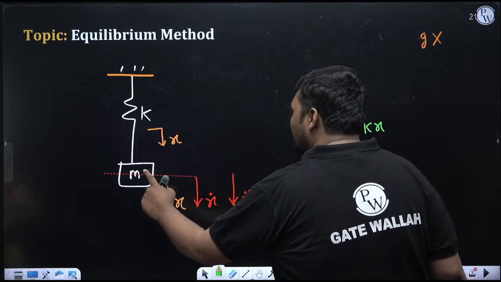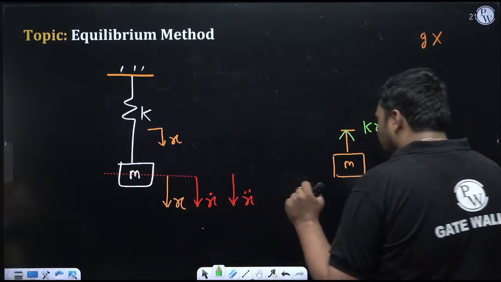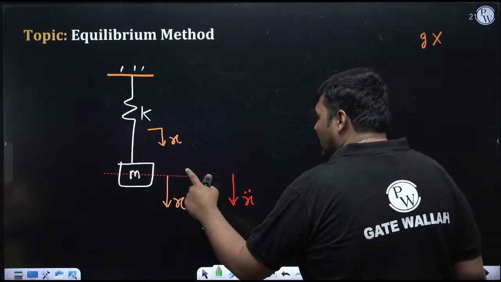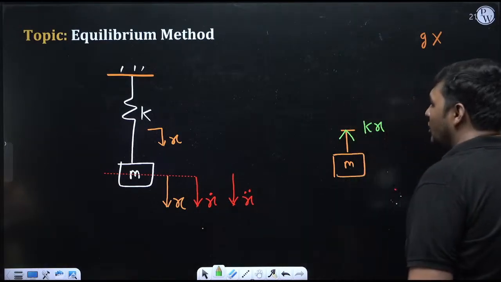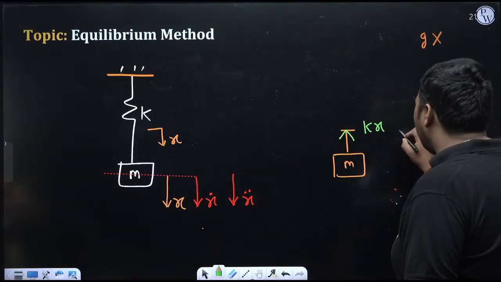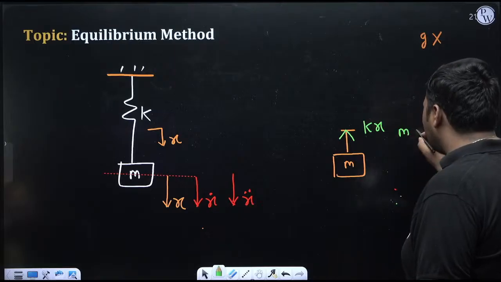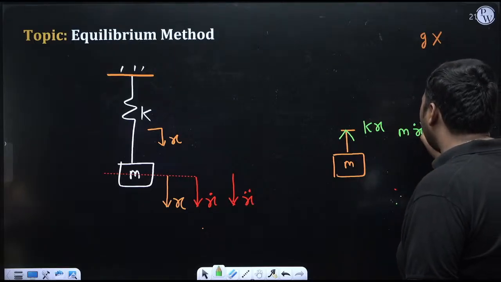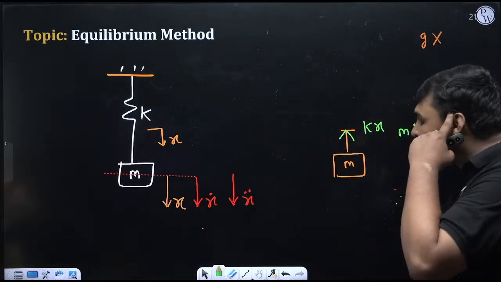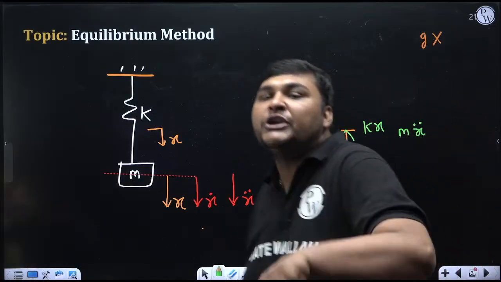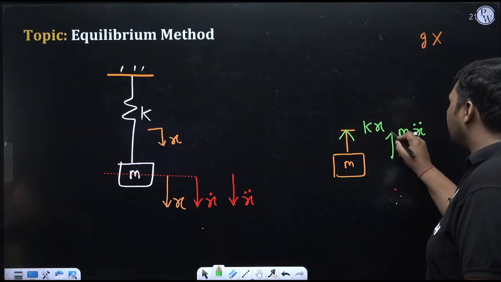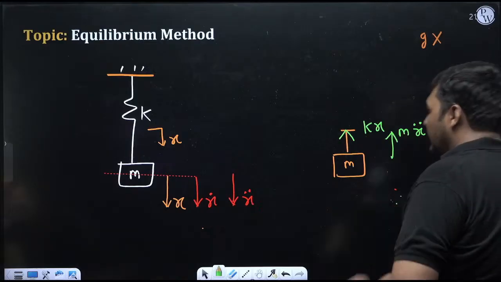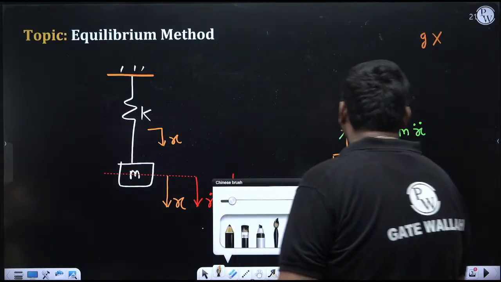Here the mass is m, having linear motion with displacement x, velocity x dot, and acceleration x double dot. So inertia force for linear motion will always be m times x double dot, and its direction will always be opposite to x double dot. Right now x double dot is downward, so it will be upward. After involving inertia force, the net force in this system will be zero.